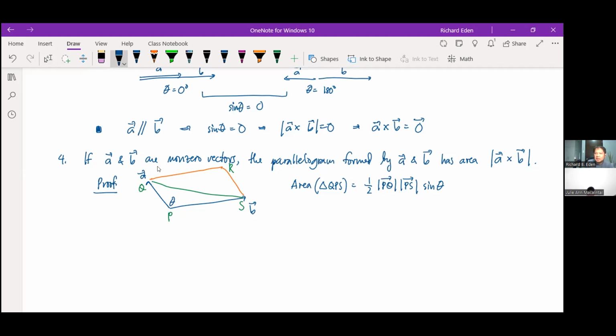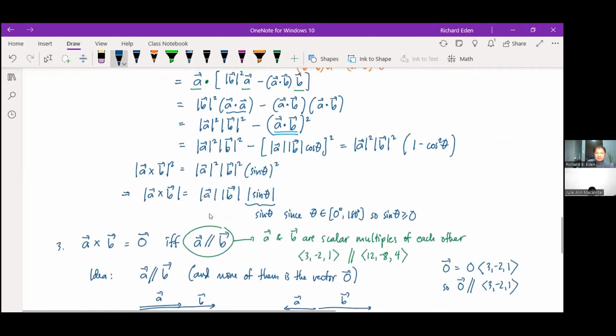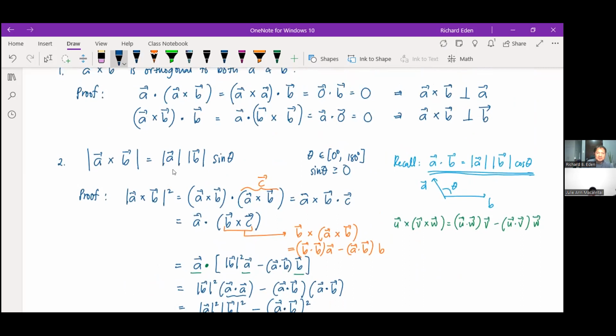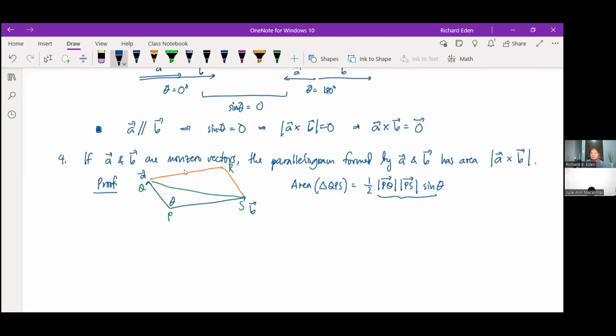Okay. But then from the previous statement, so PQ and PS, adjacent vectors with theta the angle between them, from two statements before: the product of the lengths of two vectors, length of A times length of B, times the sine of the angle between them, is equal to the length of their cross product. So going back down here, we now have half the length of the cross product of the vectors PQ and PS.